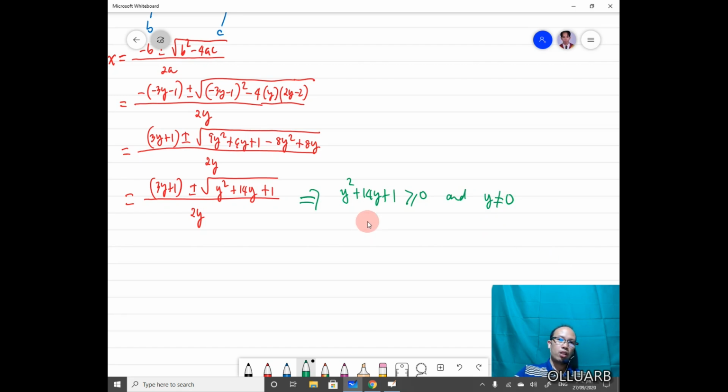If we try to solve this inequality, we should take note that y must not be equal to 0, because if you substitute y equal to 0 in the denominator, the whole expression becomes undefined. We have a 0 denominator, so we have to exclude y equal to 0 here.